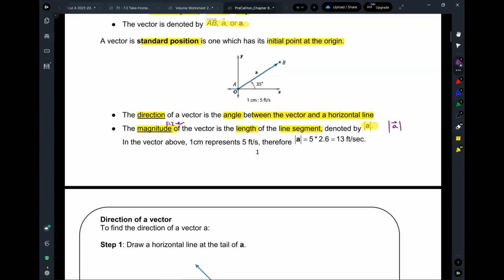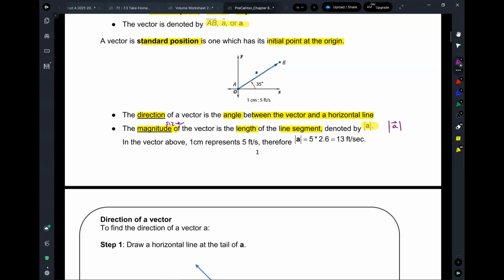Now, because vectors can represent all sorts of things, a force, a velocity, whatever. Suppose a vector represented the velocity of an airplane, like 760 miles an hour. You're not going to draw an arrow 760 units long. That's just crazy. So we scale it down, okay?